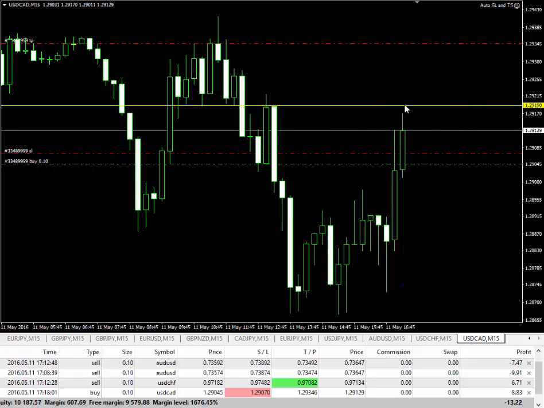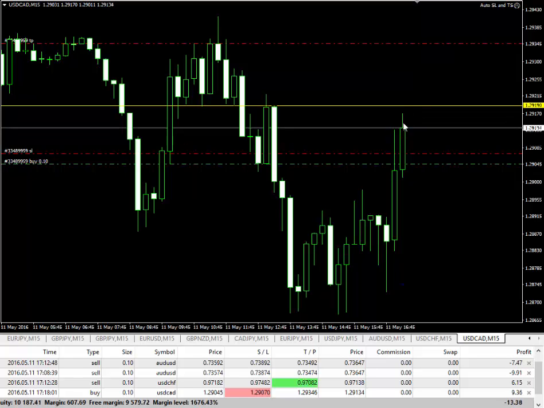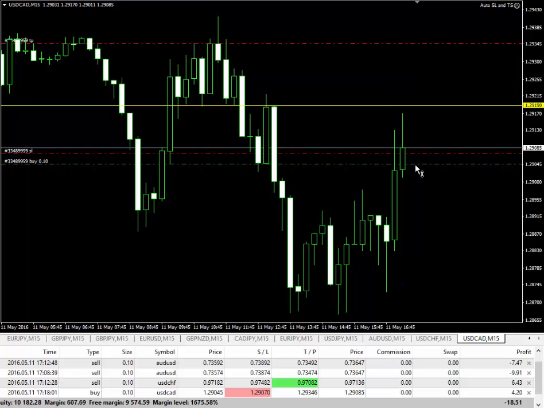And when it reaches here, if you see it hits and bounces back, then you can just close the order with whatever profit you can get. If it crosses it, goes up, look, you're going to get stopped out now. Market is coming down very fast. When it comes down here, you'll get stopped out.